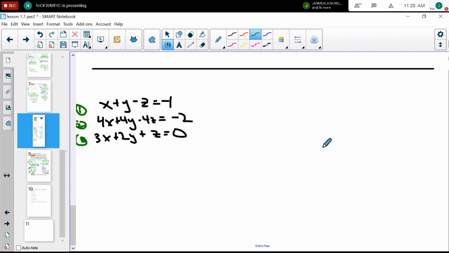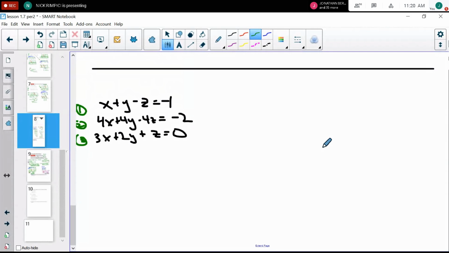Just look at them carefully. Some choices result in less work than others. Some choices, stuff wipes out right away, and I think it's best to pick that. But if you don't pick that, that's fine. You could still solve it. It doesn't matter.